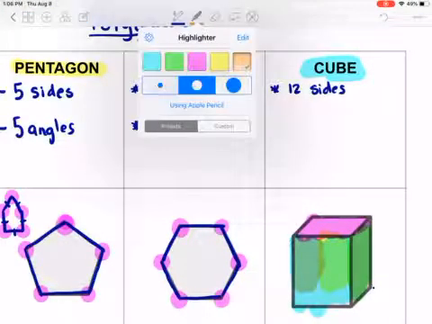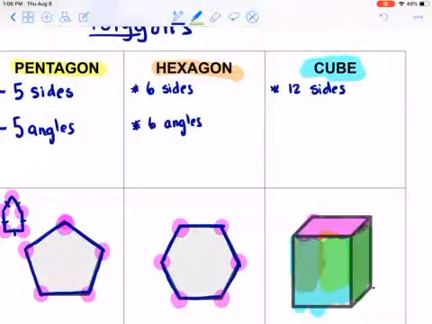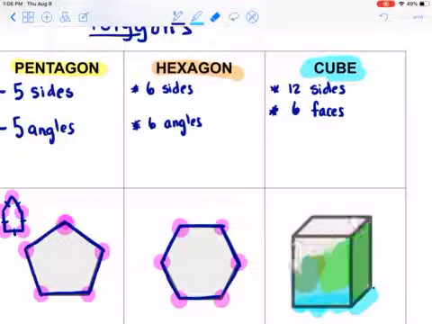This is not a great way to show you all, and again, we're going to show you. So there are 6 faces, and when we practice in class you'll see this, but there are 6 faces on a cube.